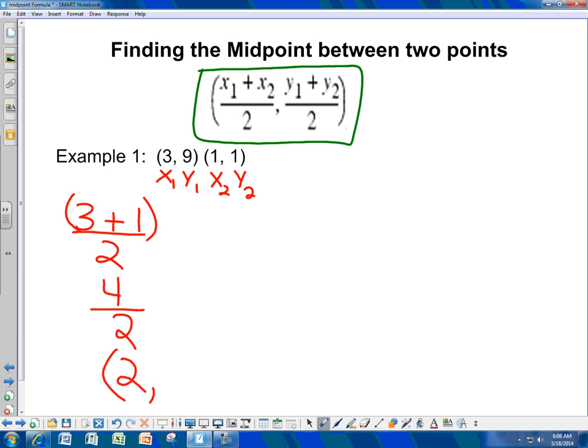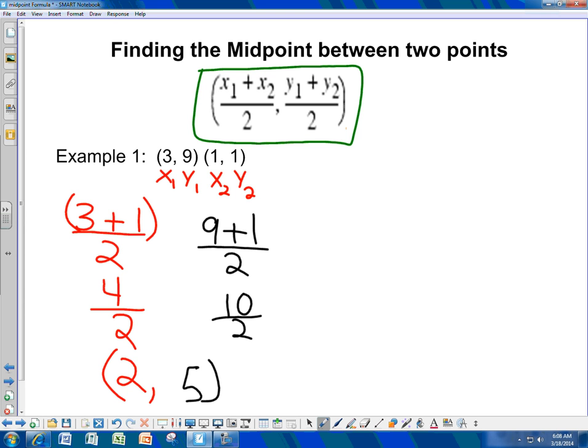So now we have to do the same thing for our y value. Our y values are 9 plus 1 divided by 2. So 9 plus 1 is 10, divided by 2 is 5.